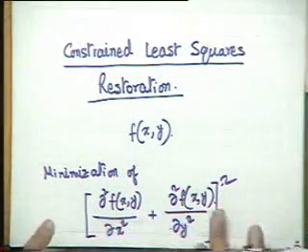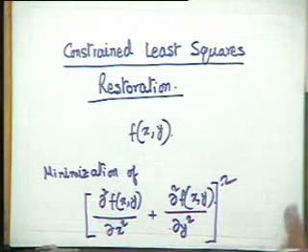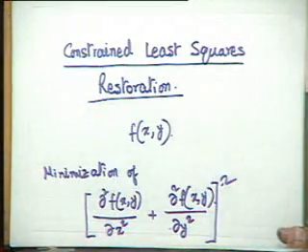Okay, so this is the second derivative, and square of that we are going to minimize. Now, obviously, second derivative operator picks up all the discontinuities in the image function. Alright, and what we are going to minimize is the square of those discontinuities, so that the estimated image is smooth. Okay, that is the criteria which we are applying.